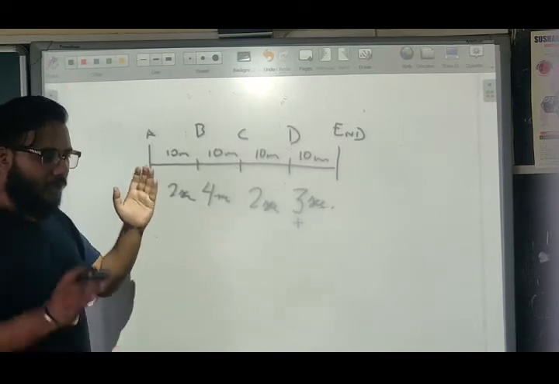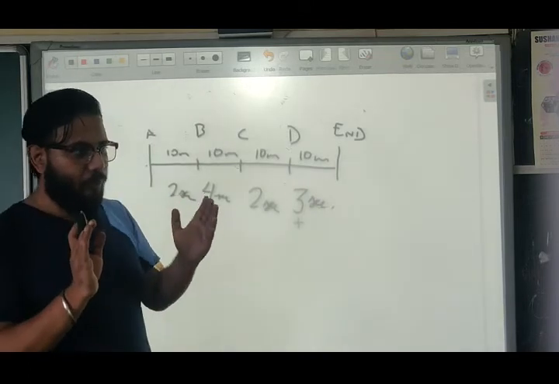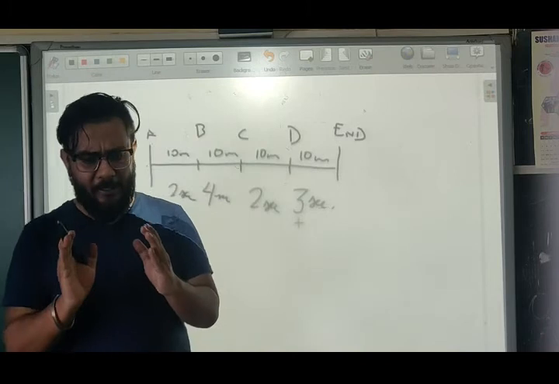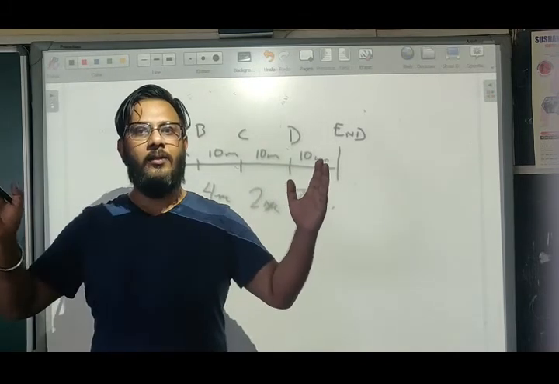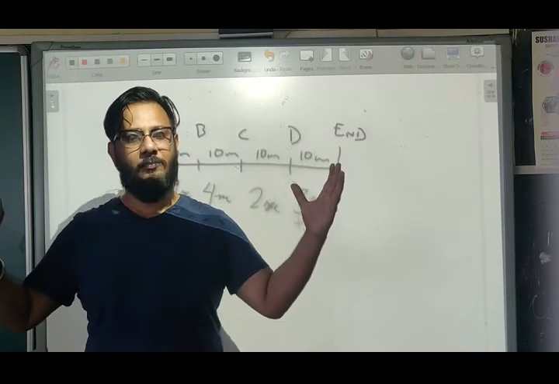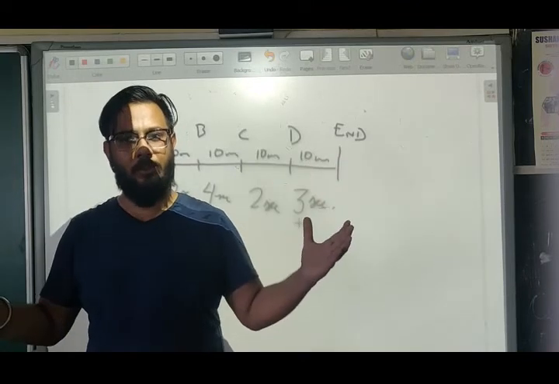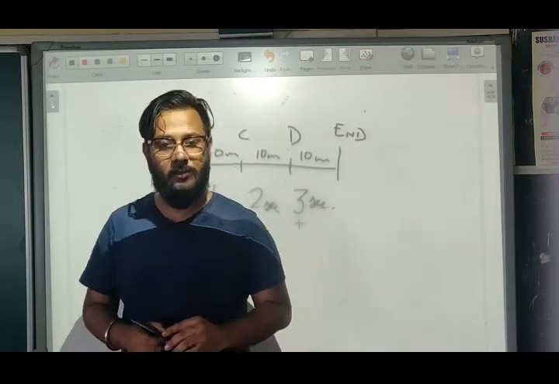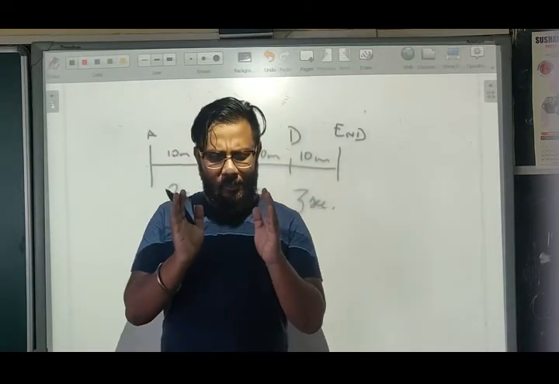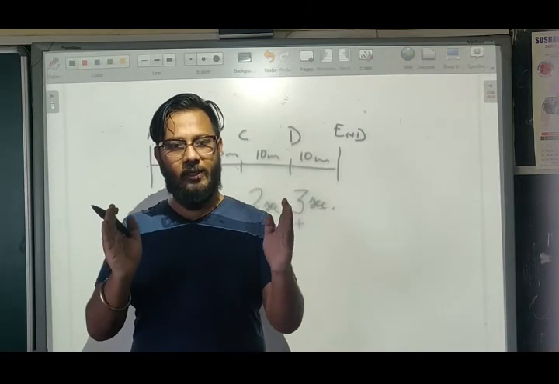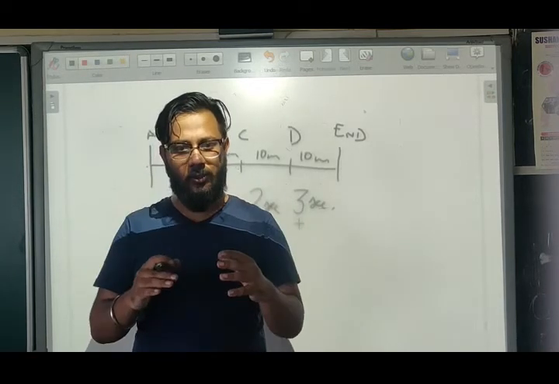We discussed in the previous scenario that at a given time, if you're covering a larger space, then it means the speed is more, okay? And what it also implies is that to cover the same distance, if it's taking more time, then again speed is low.